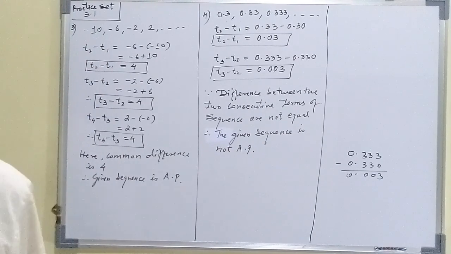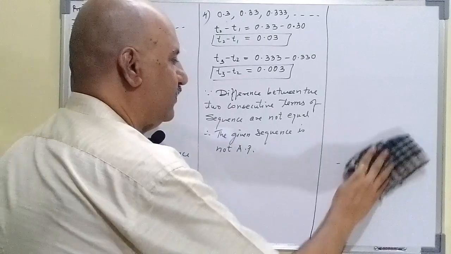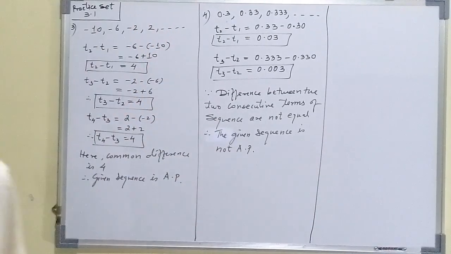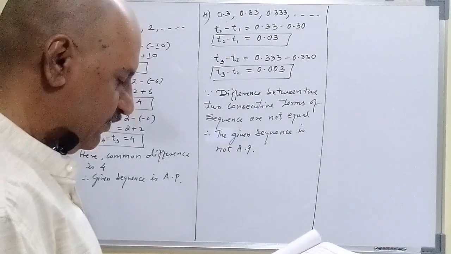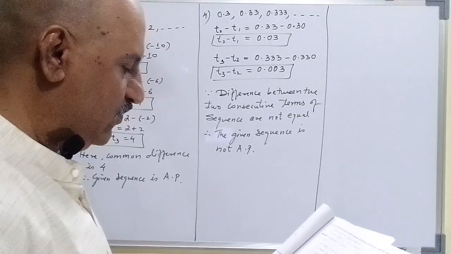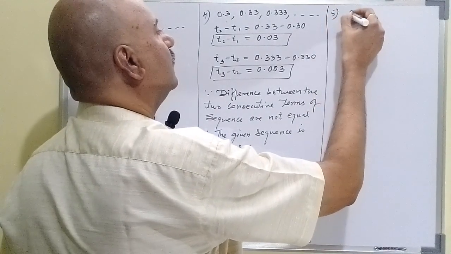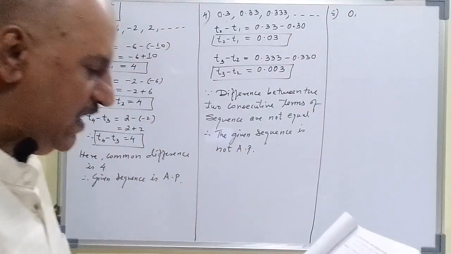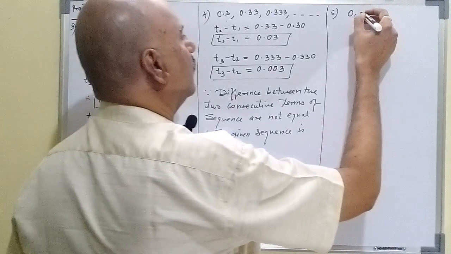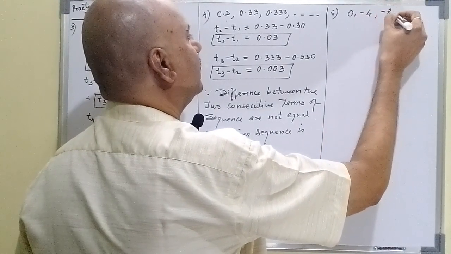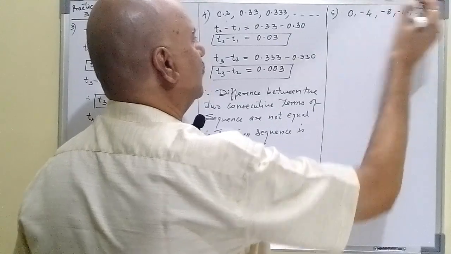Now we come to the fifth question. What is given in the fifth question? 0, -4, -8, -12 and dot dot dot.